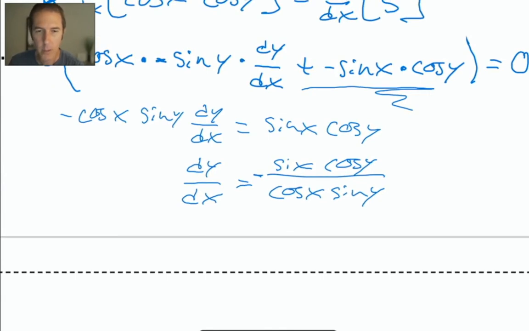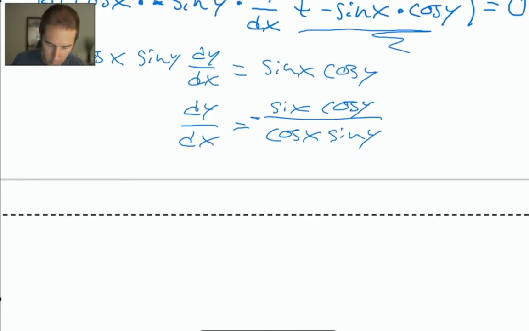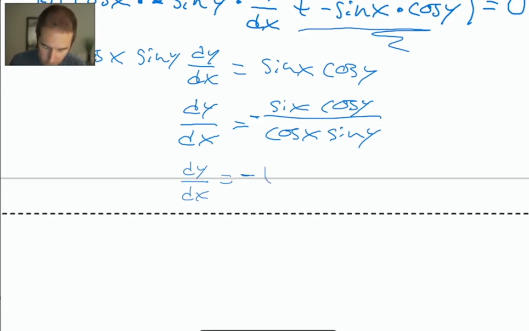And then I think we could clean this up a little bit further. Sine x divided by cosine x is tan x. And cosine y over sine y is cotan y.